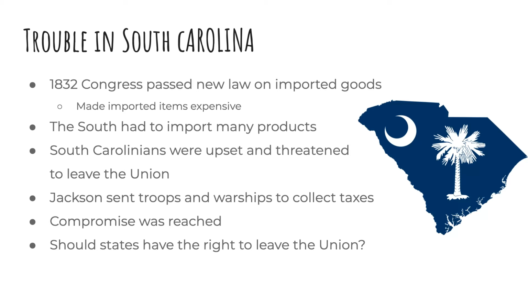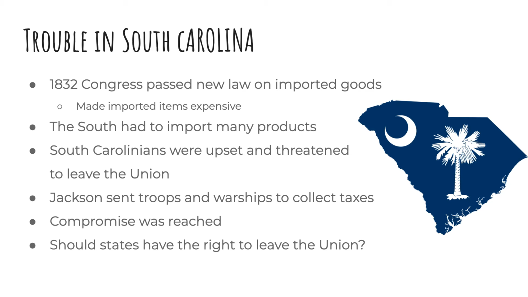Eventually, there was a compromise that was reached, but it kind of brought up the question of should states have the right to leave the Union if they don't agree with something that is happening in the federal government? Should they be allowed to leave and become independent? And eventually, that question is going to be answered when the Civil War happens, because the South is going to be upset with the North about the issue of slavery.